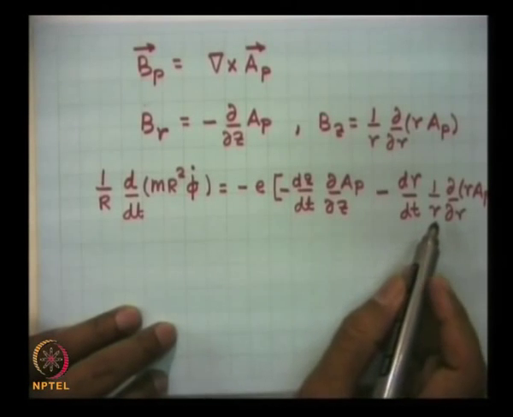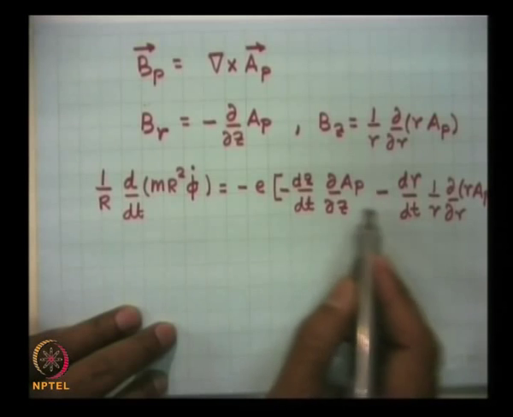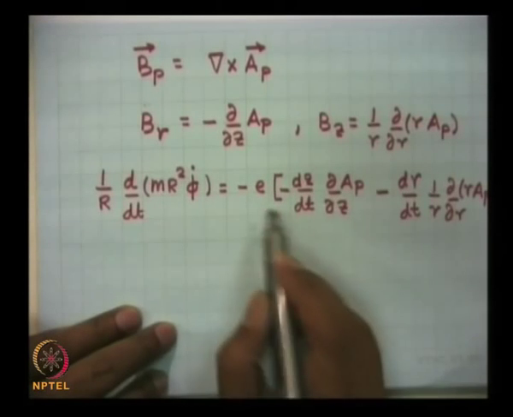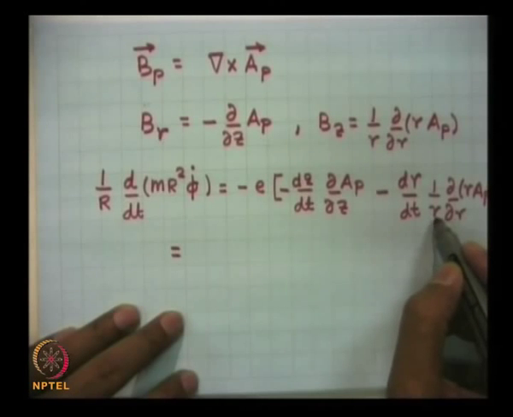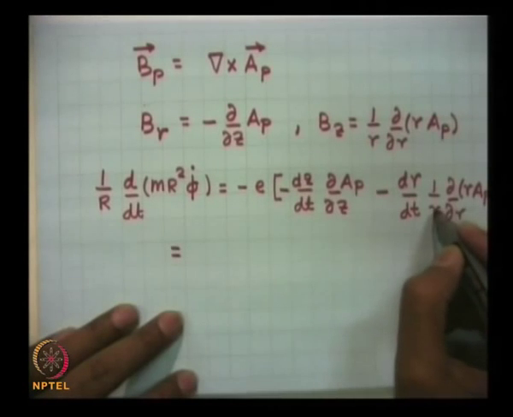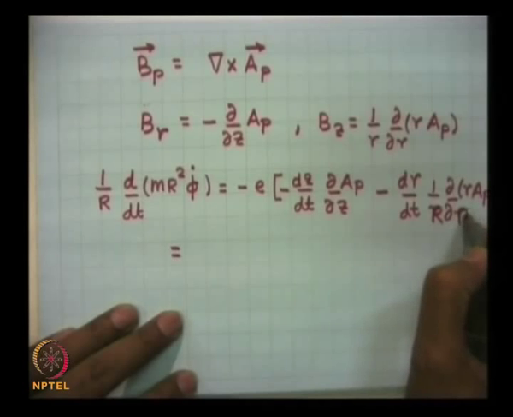What I can do here, I can multiply this equation by R and divide by R. Please, this r and capital R are no different, so let me use the same symbol here, a capital R rather than a small r.